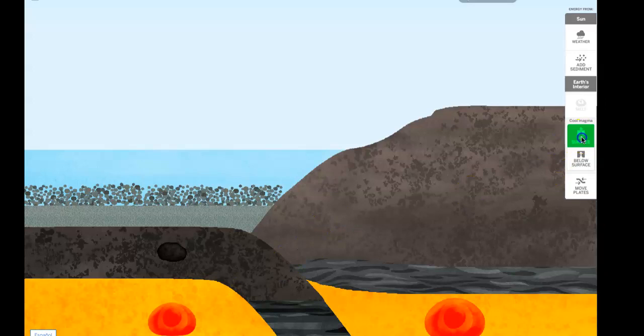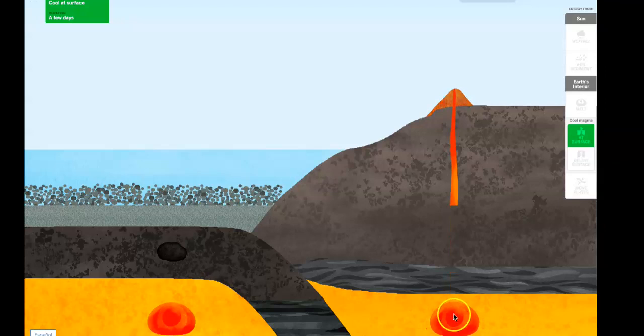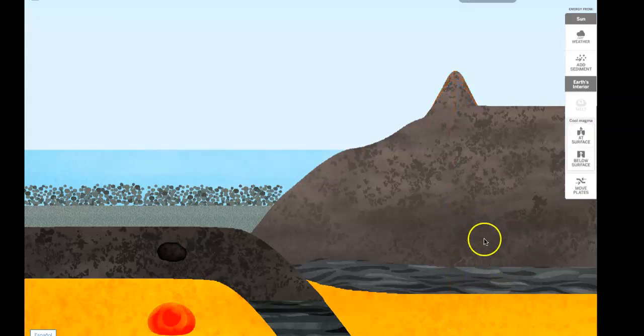Okay, and let's cool some magma at the surface. Let's do some more. And a little bit more. All right, that looks good. Now let's make the plates move and see what happens.